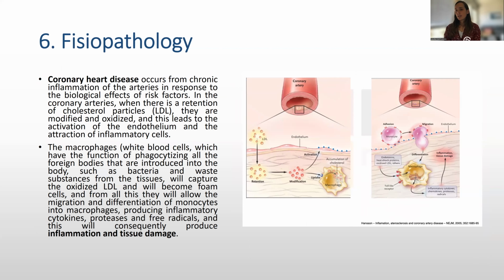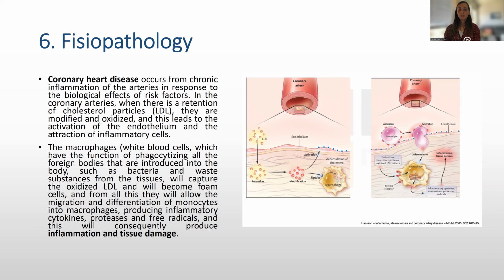Here in this picture, you can see all the physiopathology of coronary heart disease, and it starts from chronic inflammation of the arteries in response to the biological effects of risk factors. So the macrophages, the white blood cells, which have the function of phagocytosing all the foreign bodies that are introduced in the body, such as bacteria and waste substances from the tissues, will capture the oxidized LDL, a type of cholesterol, and will become foam cells.